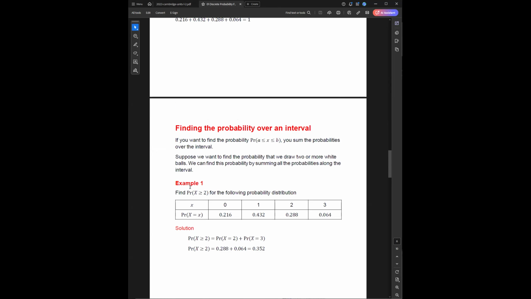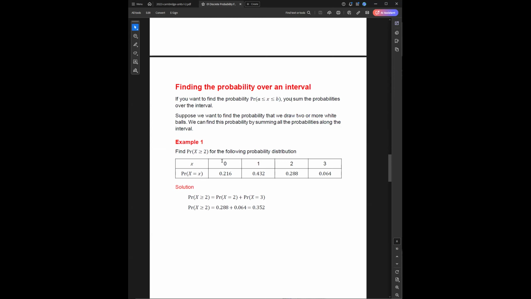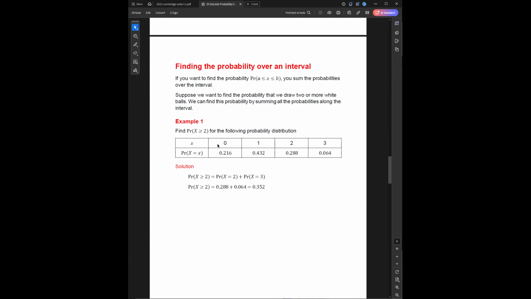Okay. Sometimes we're not necessarily looking for just the probability of one outcome. Sometimes we're looking for the probability of multiple outcomes, probability over an interval. In those cases, especially when it comes to, well, only when it comes to discrete, this is when we are adding all the probabilities in that interval.